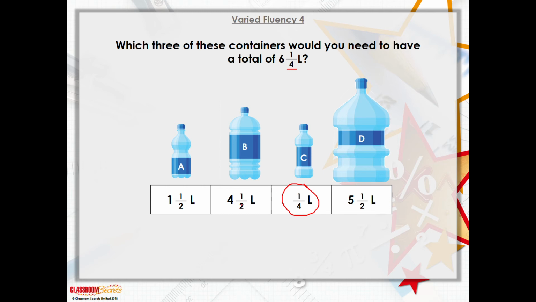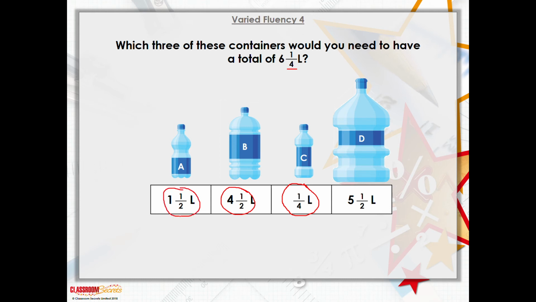Now we need to add on one of these, and if we add on A, we're adding 1 whole litre, so that would already give us 6 3/4 litres. Now that's too much.